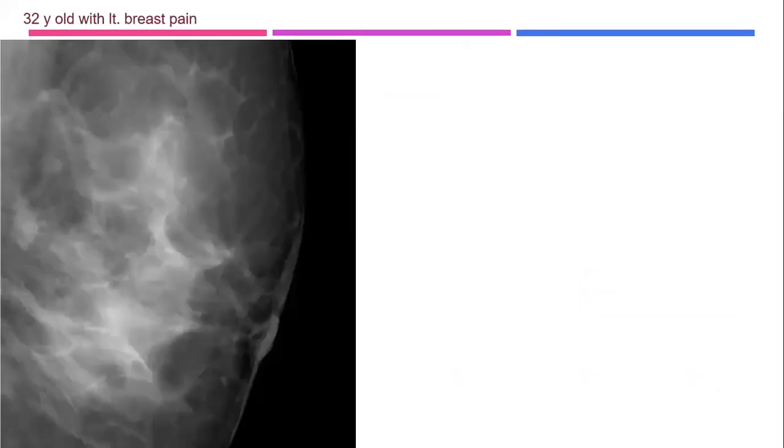This is a 32-year-old lady with left breast pain. There is a mass with spiculation at the posterior part of the breast with subtle invasion of the adjacent pectoralis muscle.